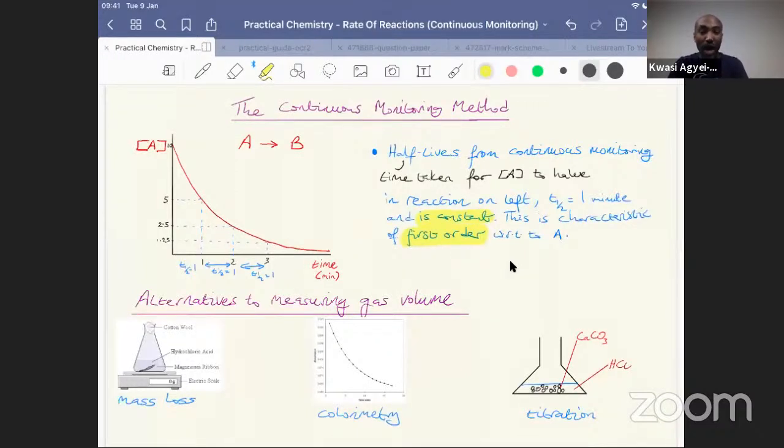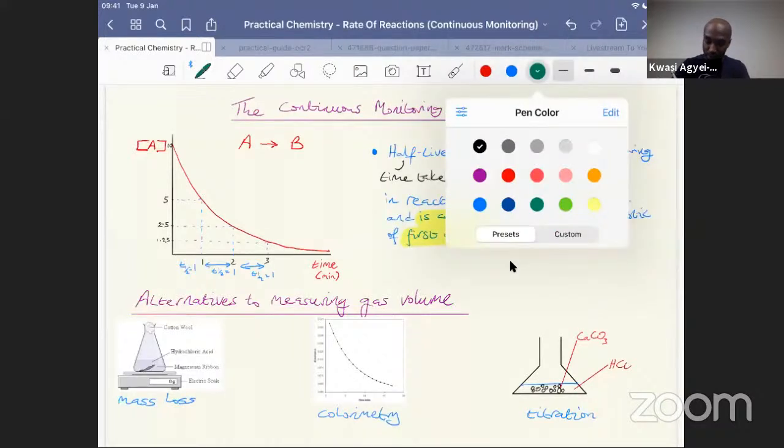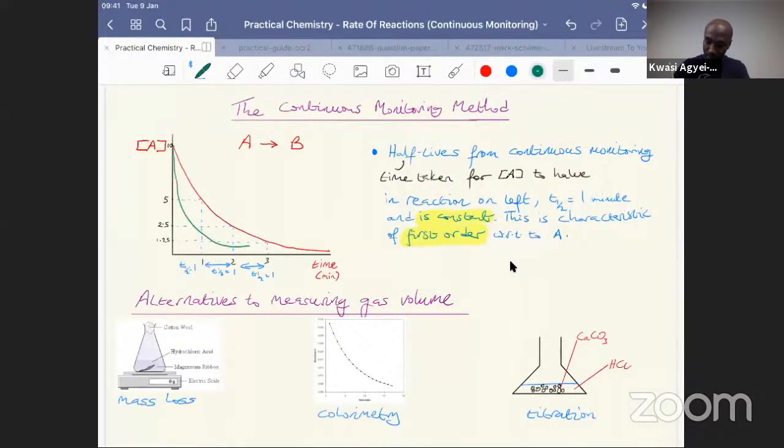Now, if your half-life is increasing and increasing quite dramatically, then it's very likely you've got a second order reaction. Okay, so you could have another curve, which I could perhaps sketch in a different color. Let's try green. You could have a curve that maybe looks a bit like that. And again, you could measure the time taken for the concentration to halve, which this time round looks like 0.3.